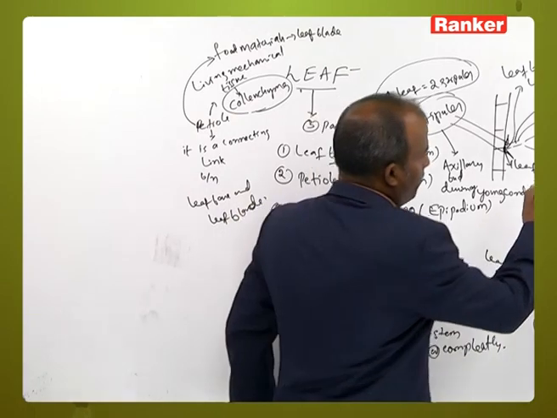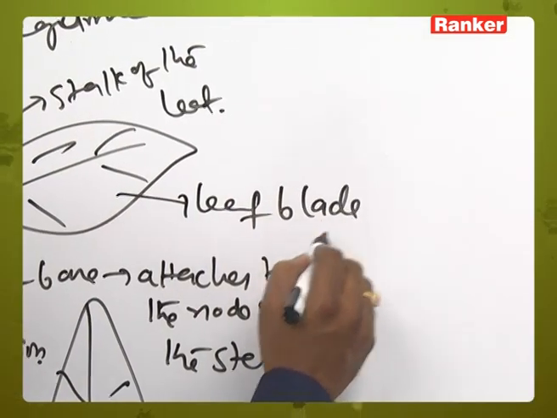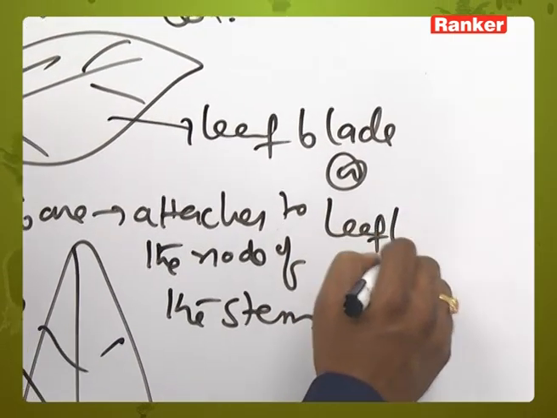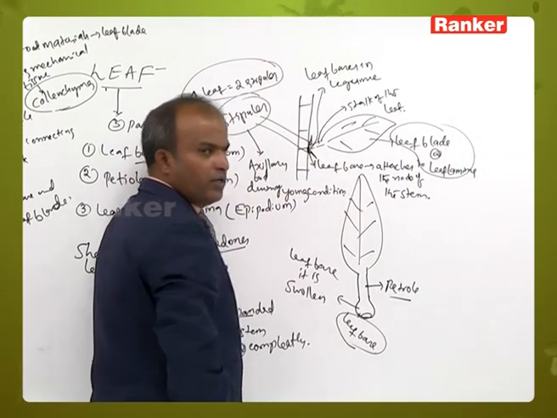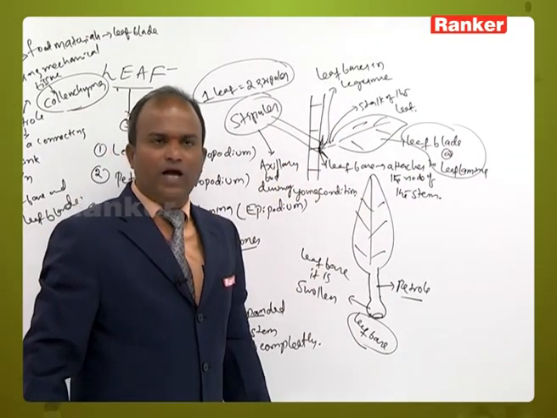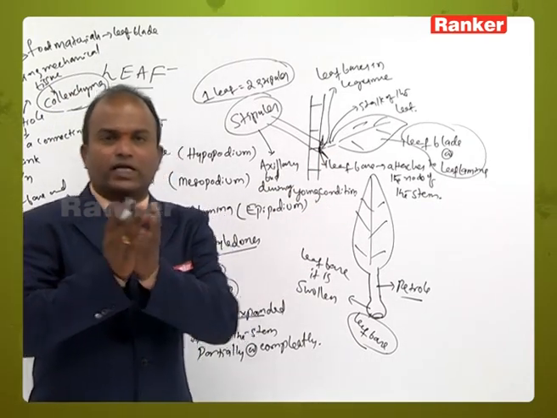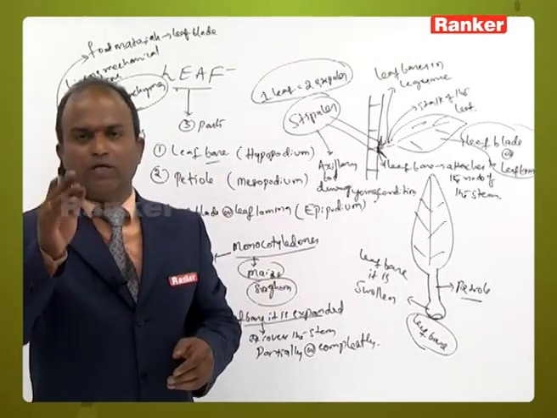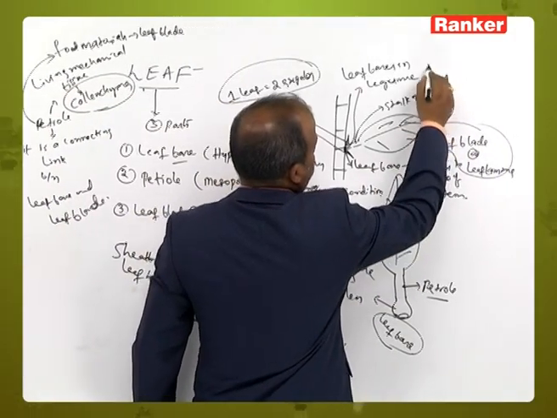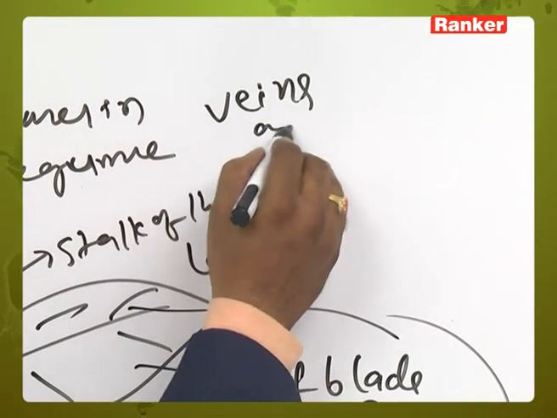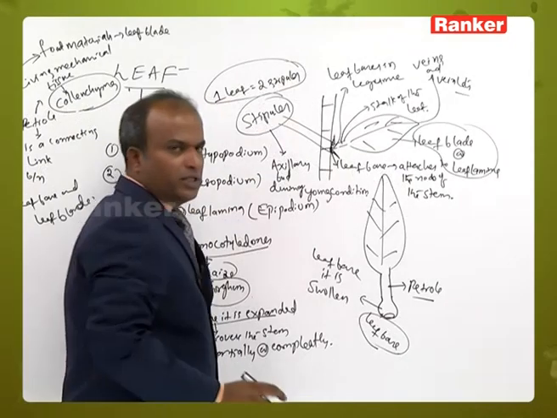And what is the third part of the leaf? That is the leaf blade or leaf lamina. Due to the presence of veins and veinlets, the leaf blade is present in an expanded position.